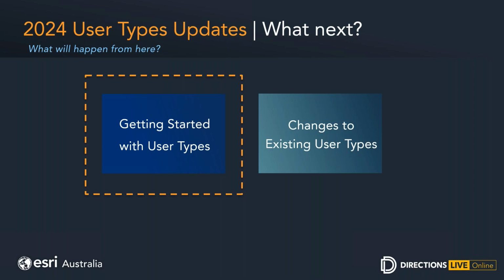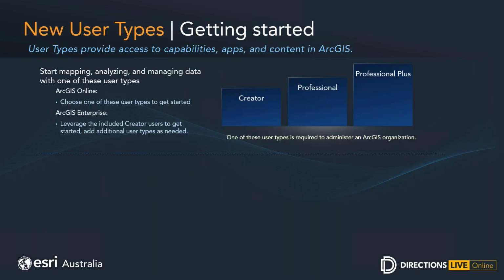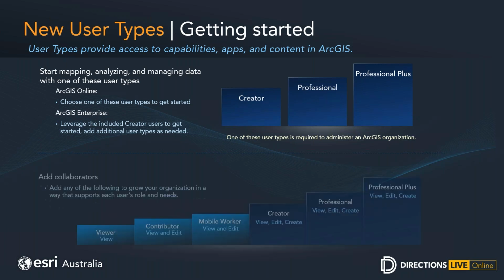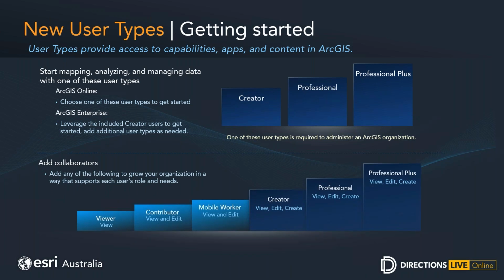If you are getting started with the new user types, we have spoken about how user types provide easy access to apps, extensions, capabilities, and the content in ArcGIS. With an initial purchase of ArcGIS Online or ArcGIS Enterprise, you will get access to foundational user types, enabling you to start creating maps and content. You can then add additional users to your organization's ArcGIS system to collaborate on maps, apps, and content.